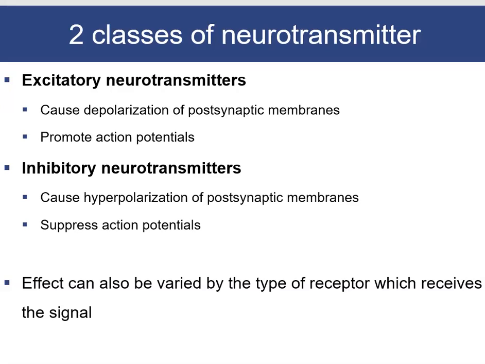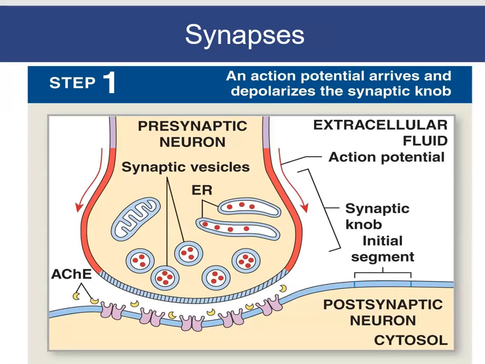An inhibitory neurotransmitter will cause hyperpolarization of the postsynaptic membrane, and this will suppress an action potential. The effect can also be varied by the type of receptor that receives the neurotransmitter. Acetylcholine, for example, results in stimulating muscles, so it is excitatory for our muscles, but it is inhibitory if it binds to receptors in the heart. All right. Sorry for the backtrack.